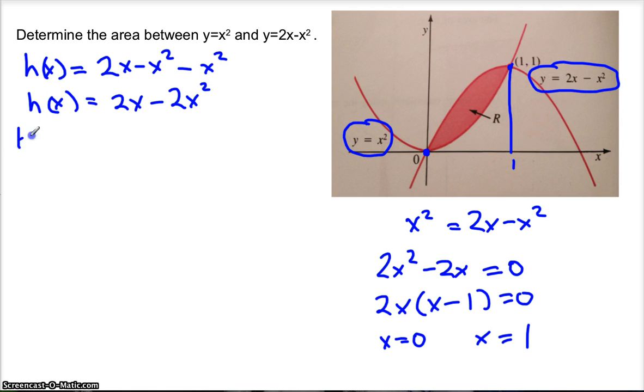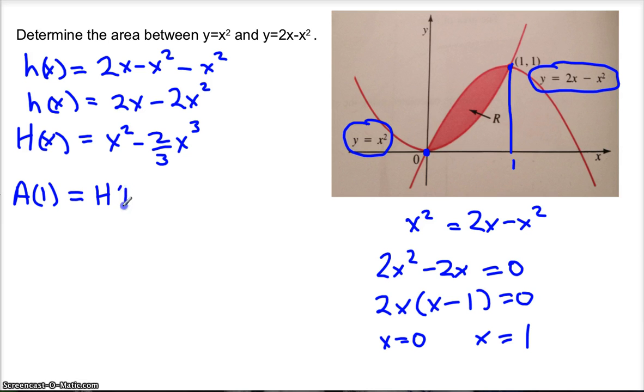And the antiderivative H of x would be the antiderivative of 2x. We add 1 to the exponent, divide that out. That's x squared. Here we add 1, we get 3, and divide that out. That's negative 2/3 x cubed. So the area from 0 to 1 is going to equal H at 1 subtract H at 0.